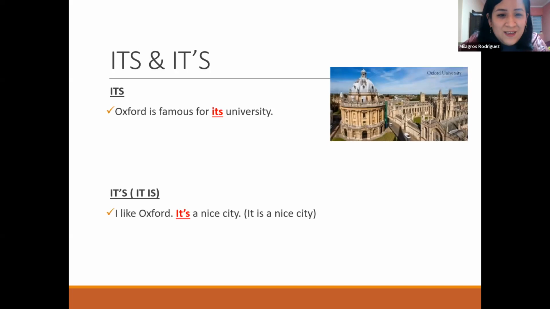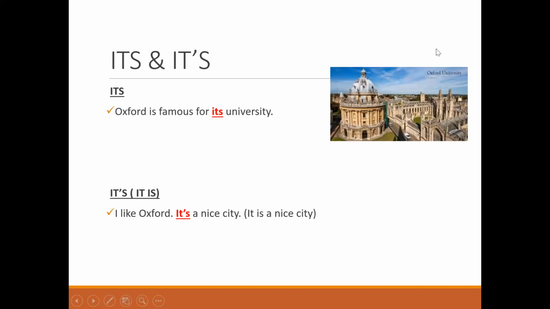I need a volunteer to read these two sentences, please. For the class. Isabel Privet, can you help me to read? Isabel?